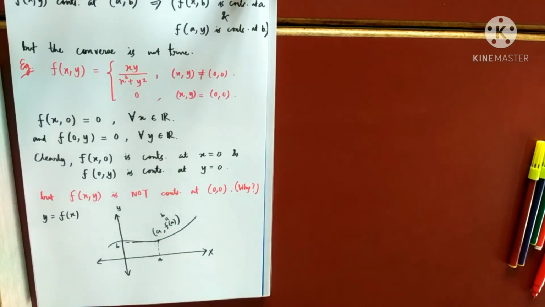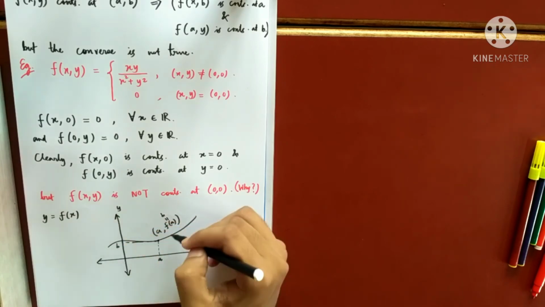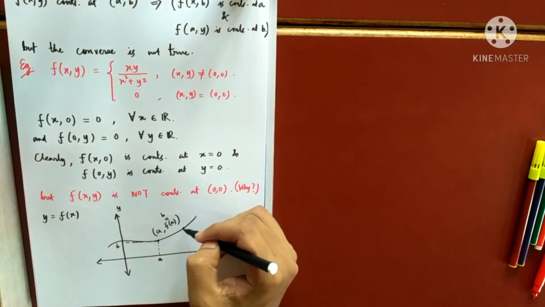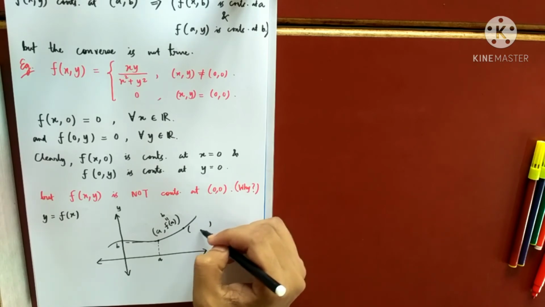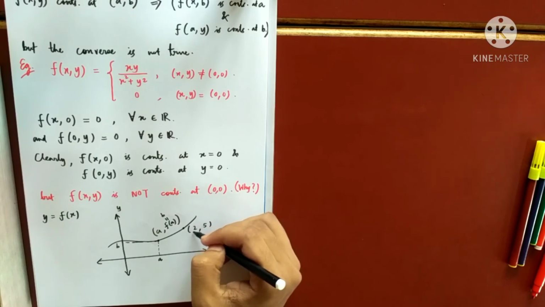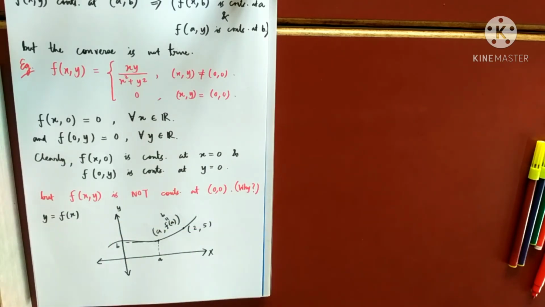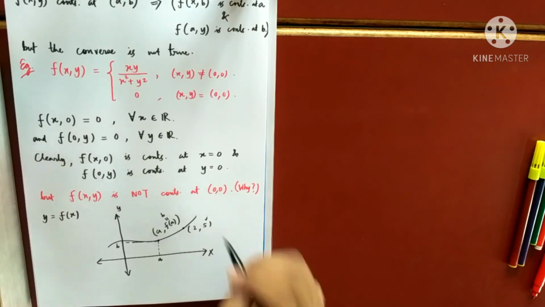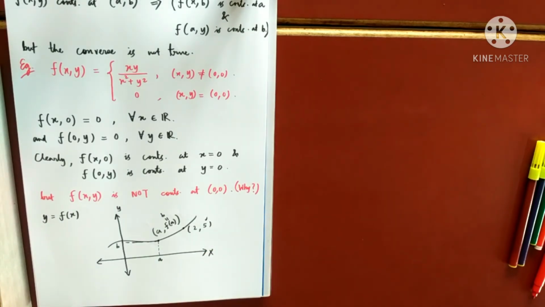This is how you plot the graph of a function of a single variable. You put the domain on the x-axis, and on the y-axis you have the range of the function. Any point on this curve will give you, suppose, 2 comma 5. So x is 2 and the functional value at 2 is 5. This information can be drawn from here.